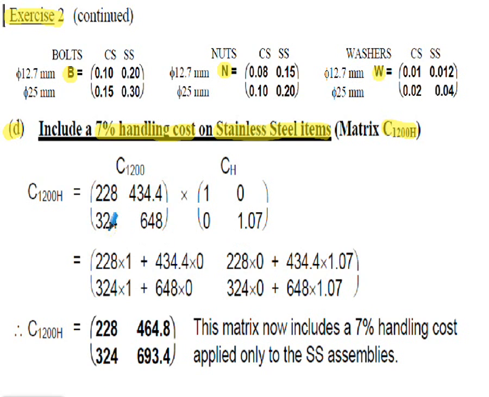And finally, if we multiply the second row in the C1200 matrix with the second column in the CH matrix, we find we get this calculation here, and again we will see that there's a 7% charge now added to the stainless steel items in the C1200 matrix above. So what we have here is a C1200 matrix that now includes the 7% handling cost, but it's applied to the stainless steel items or stainless steel assemblies only.